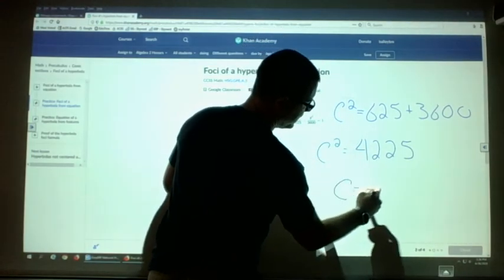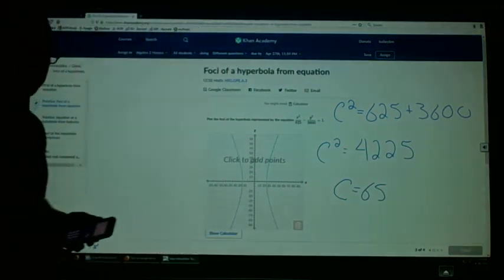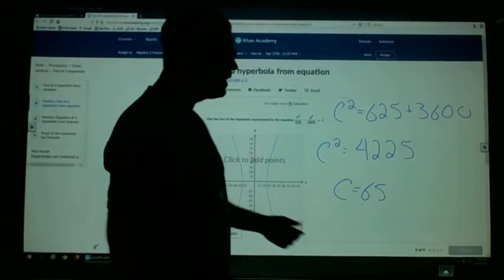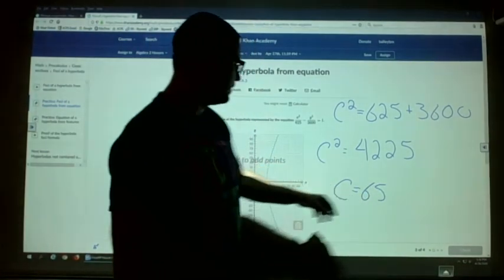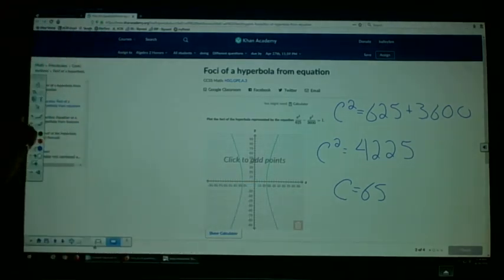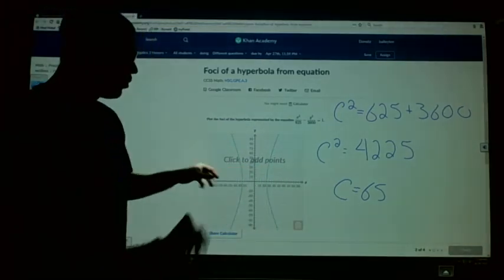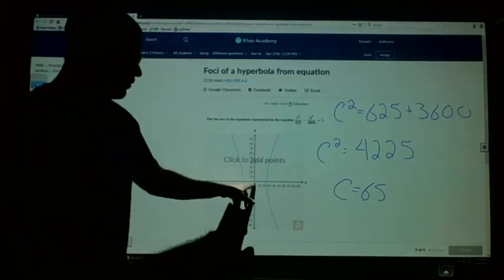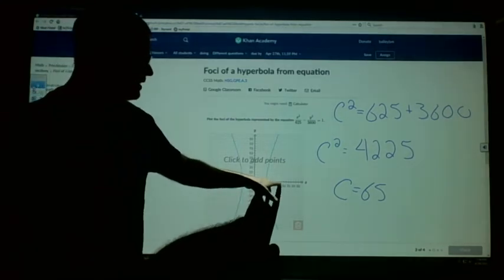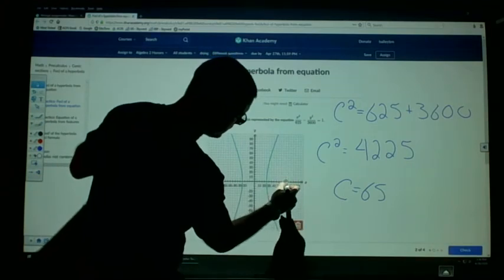So c is 65. That's a radius. So from the center, we need to go 65 units along the axis of orientation, which we can see from this hyperbola is horizontal. So from the center, 10, 20, 30, 40, 50, 65, we have one there.